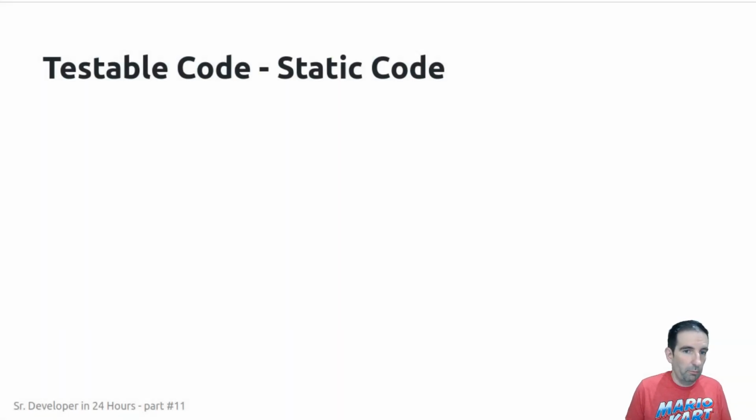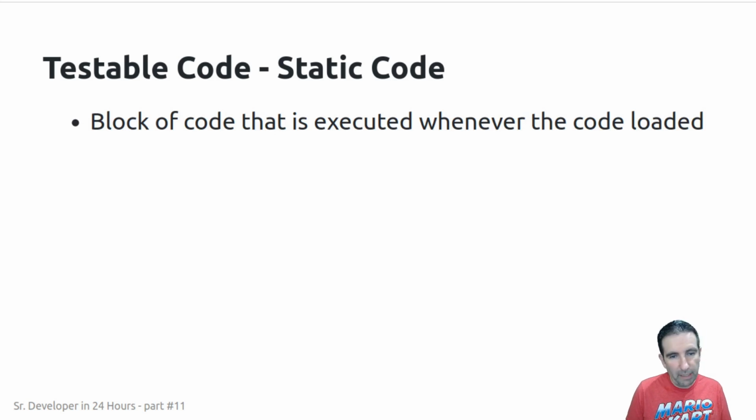There is another type of code that is a lot harder to test, and that is static code. So static code is basically a block of code that is executed whenever the code unit is loaded into memory or from disk. And normally it's basically any code that is marked as static in Java, code that is outside of classes and functions, things like that.